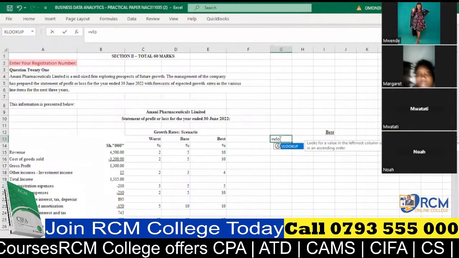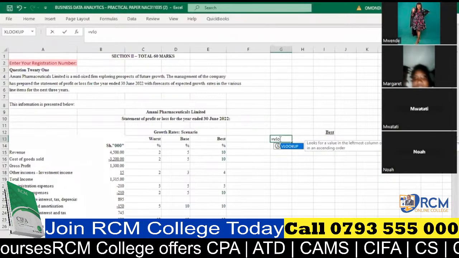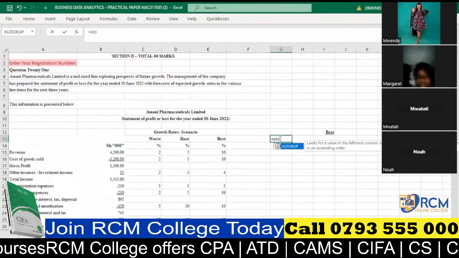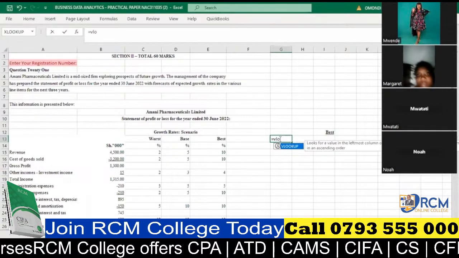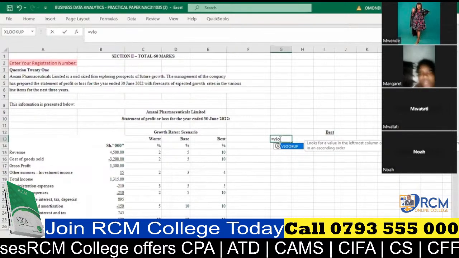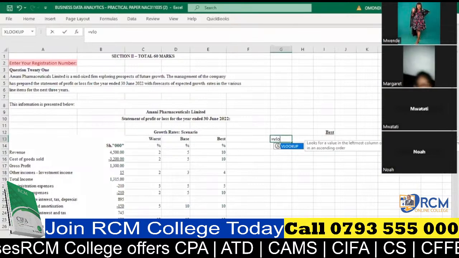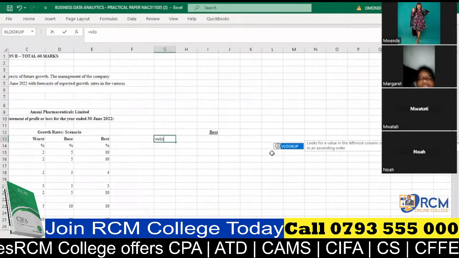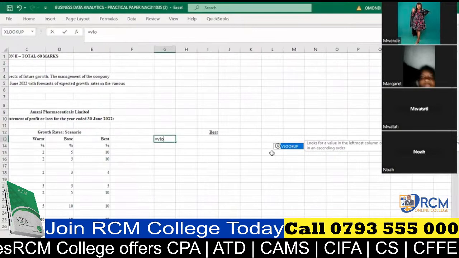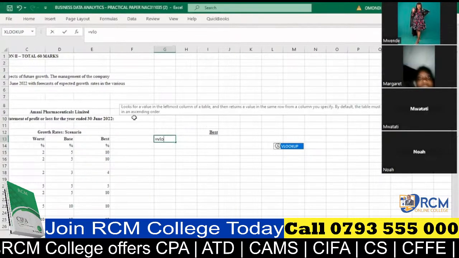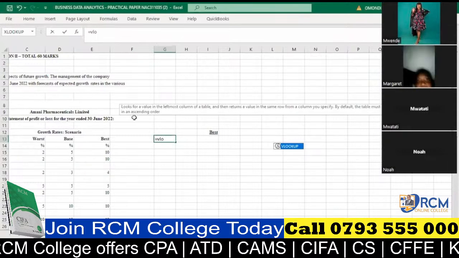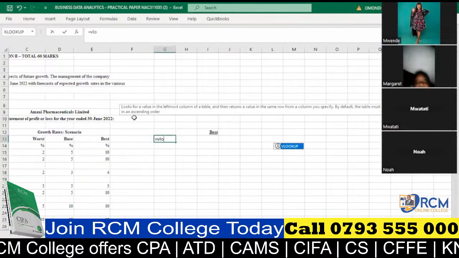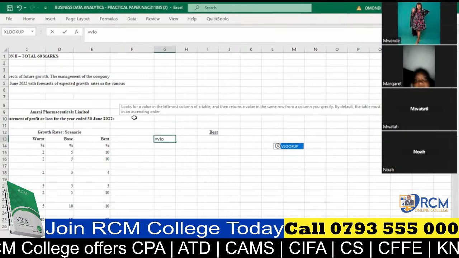Looks for a value in the leftmost column of a table and then returns a value in the same row from a column you specify. By default, the table must be sorted in an ascending order.